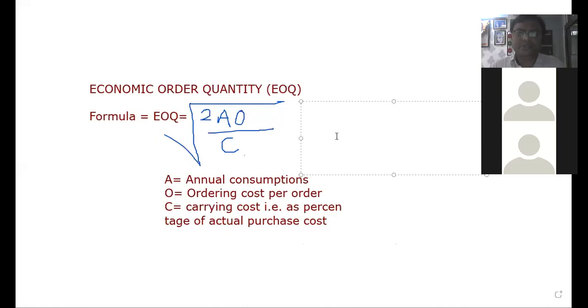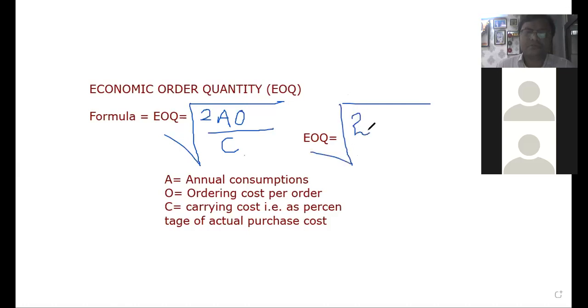So instead of doing this, directly economic order quantity equals root of 2 into annual consumption, what is the annual demand, that is 2000.